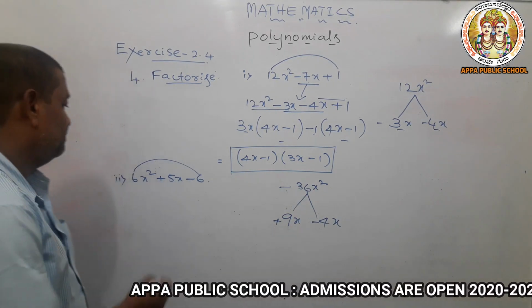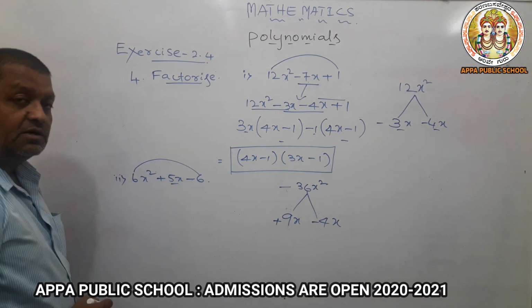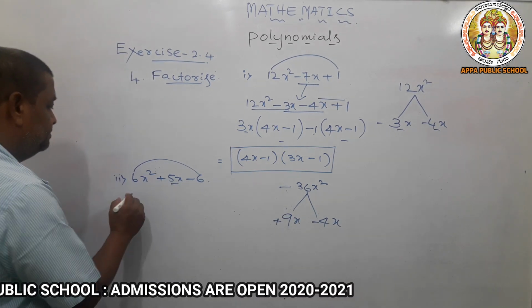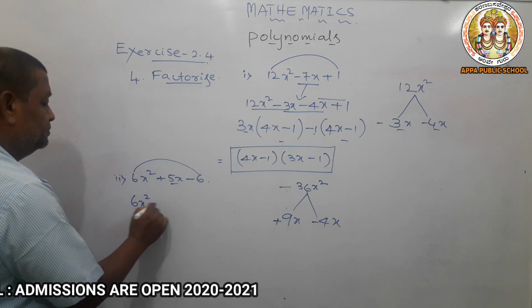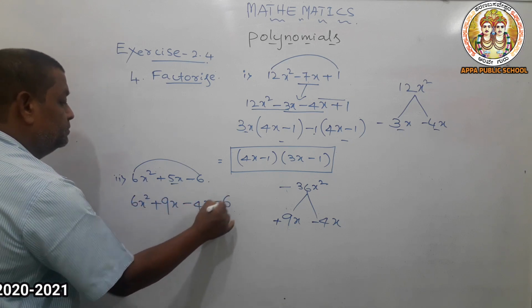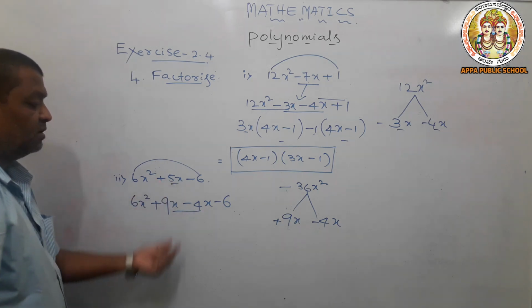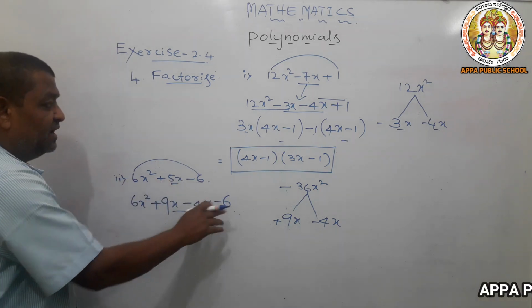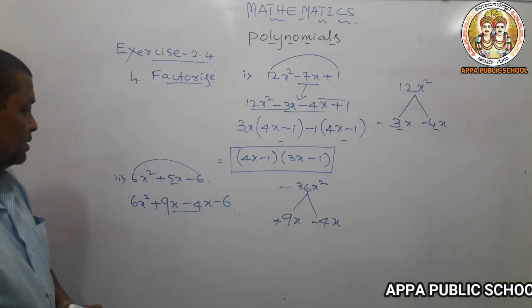What is next? Split the middle term by these two values. Split, I got. So the first two terms are the same, as I already explained.